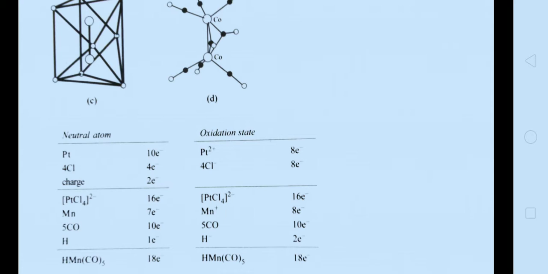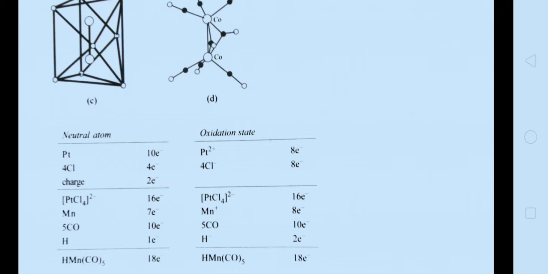The 5 carbonyl groups supply 2 electrons each, a total of 10 electrons, and the hydride ion supplies 2 electrons. Totally, the number of electrons is 18.